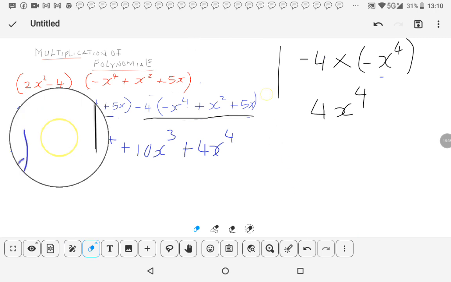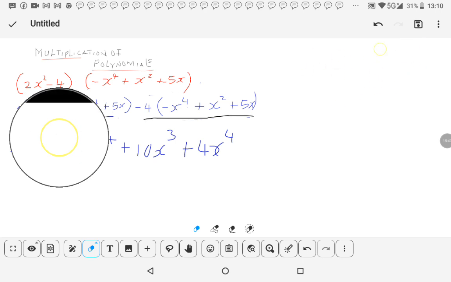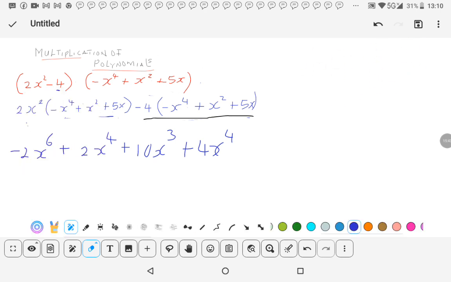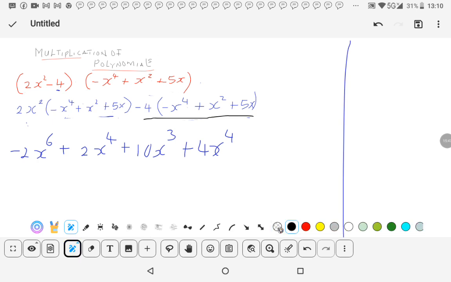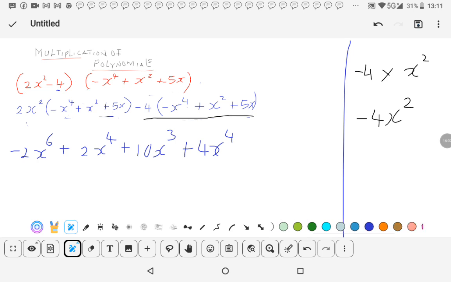So the next one is minus 4 times x raised to the power of 2. If you multiply them, you will still have minus 4x raised to the power of 2. So you write it down. Take note of the sign, because if you miss the sign, it may affect the entire result.